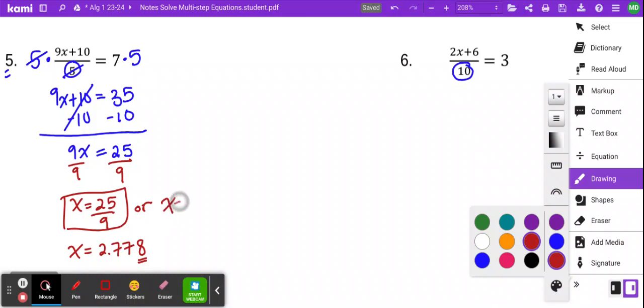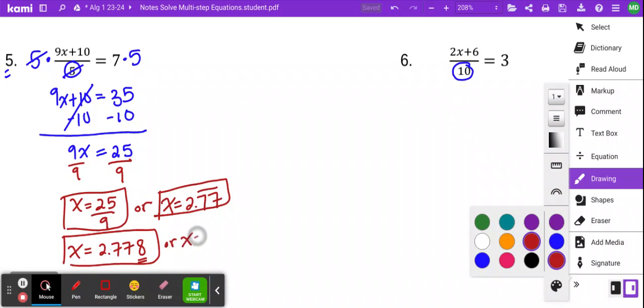So that would be x is equal to 2.77 repeating, or we can round there. And since we're rounding, we're using that approximation sign.